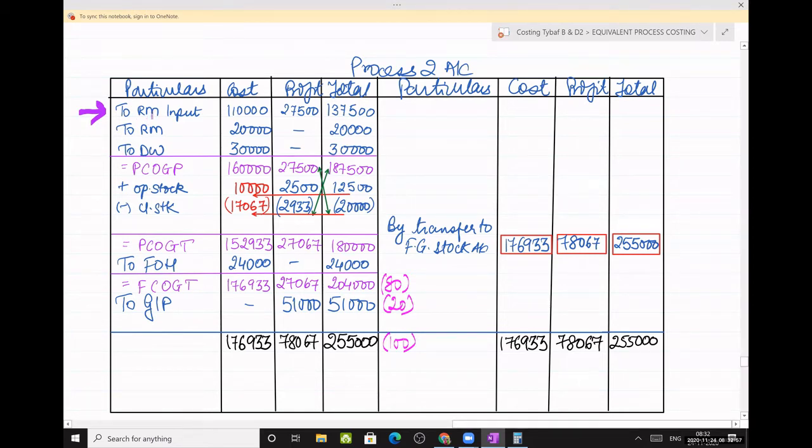Then to raw material, even if you write here to process 1 account, or you can write to transfer from process 1. That is also okay. There's no problem in it. Instead of writing to raw material input, you can even write to transfer from process.